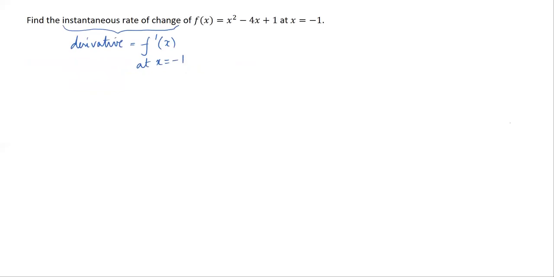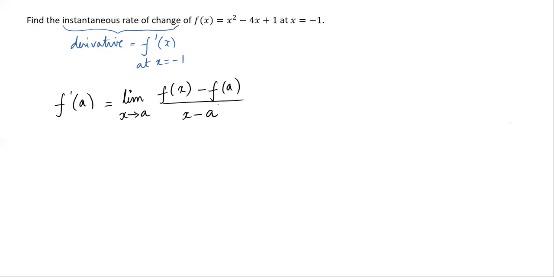So then we are ready to roll with the formula. So let's write f prime of a, which is the derivative, right? Instantaneous rate of change is another name for derivative. So derivative is f prime of a, limit. We could use the x approaches a formula. All right, now we are looking at a particular a.